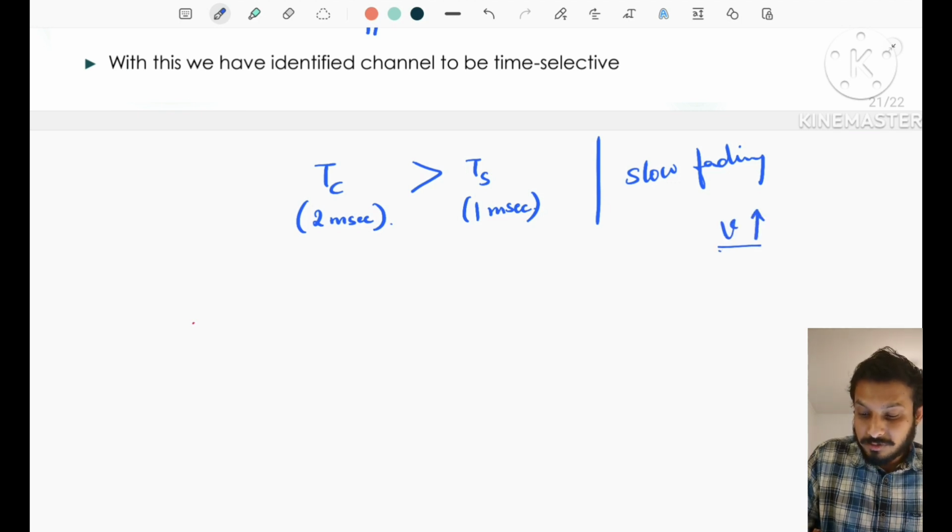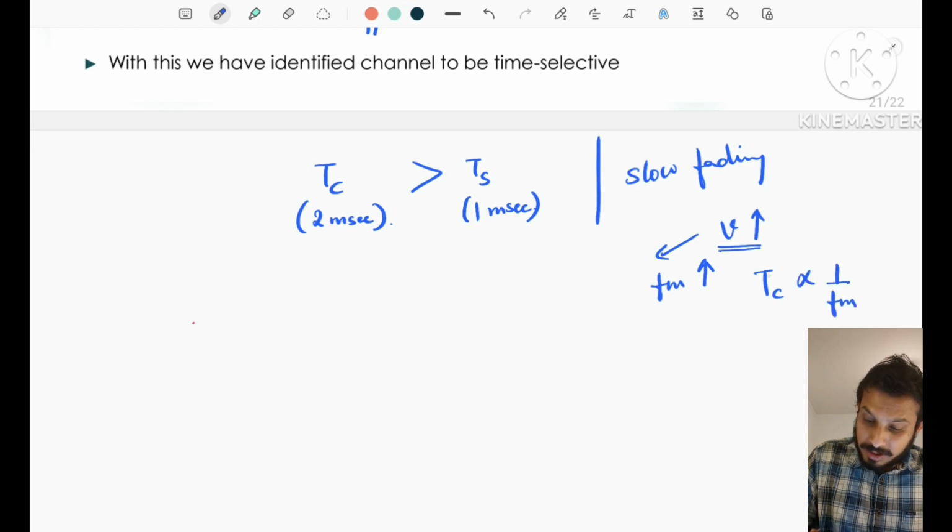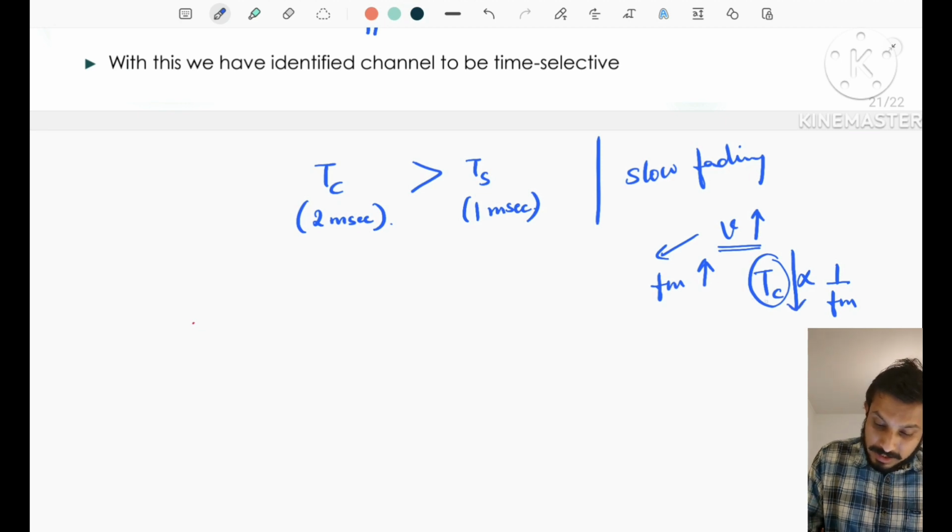Once we increase the velocity, the Doppler frequency fm will increase, and since Tc is inversely proportional to fm, Tc will decrease. Let's say Tc has decreased to 0.5 millisecond.